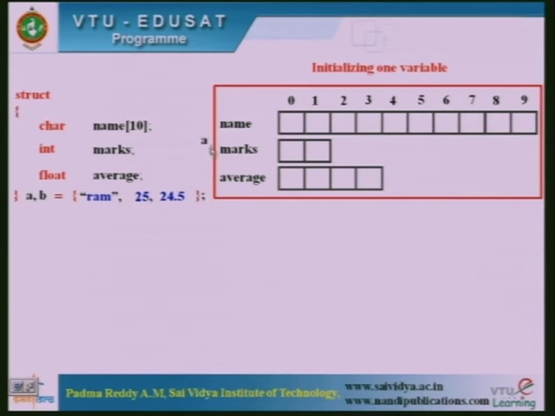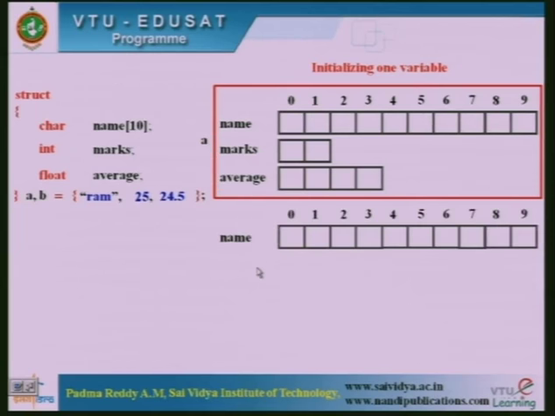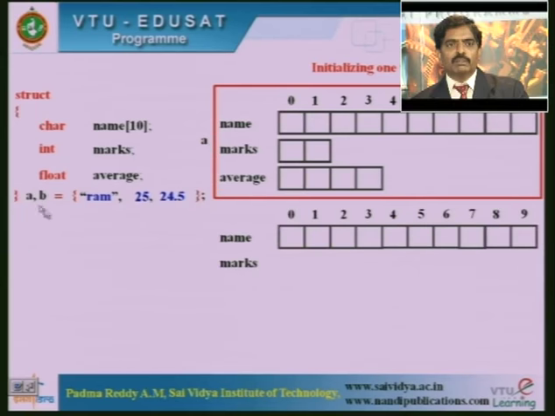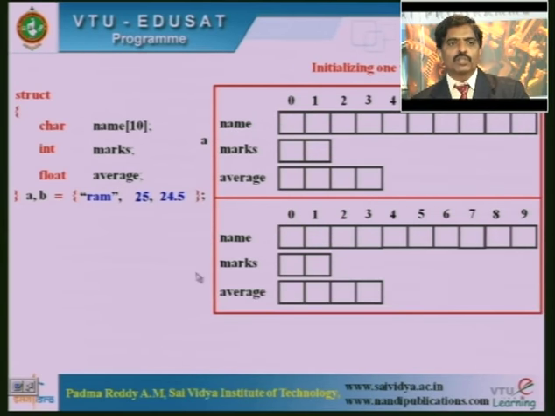A. So here I write A. For another block, for the variable B consisting of name, marks and average, another block of memory is allocated. What is the name given for this block? B. Now remember, we write A comma B equal to something. If you observe, only the variable B is initialized, the variable A is not initialized. So junk values are there in these memory locations.